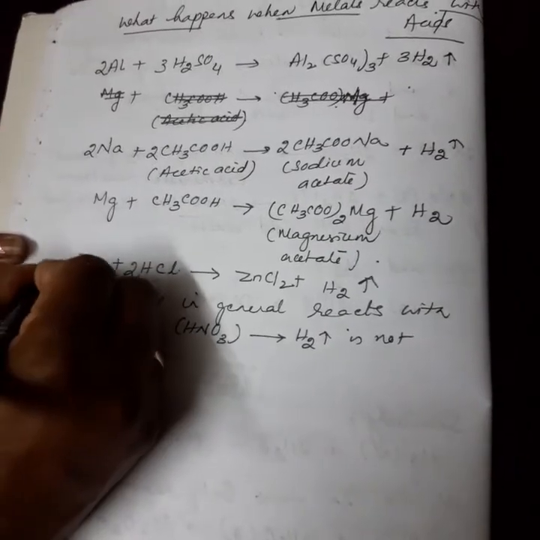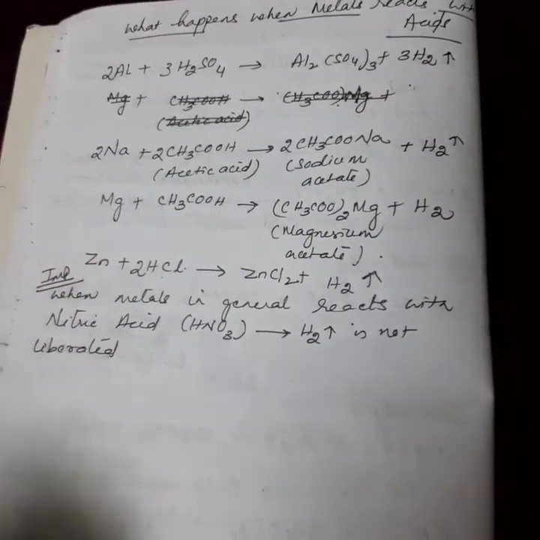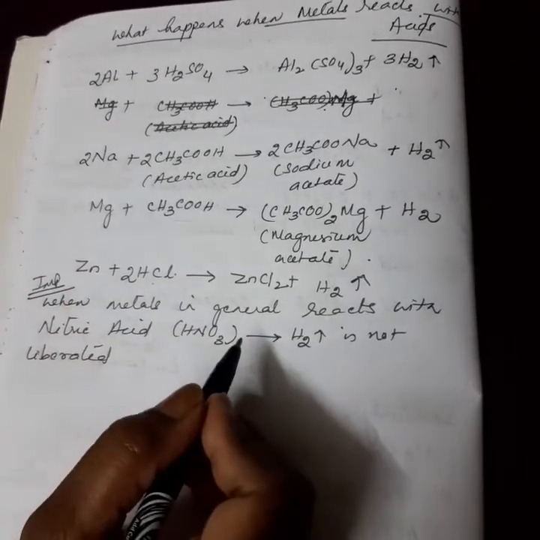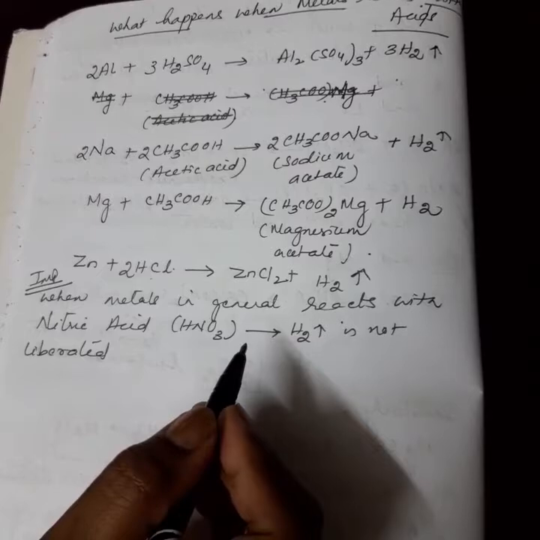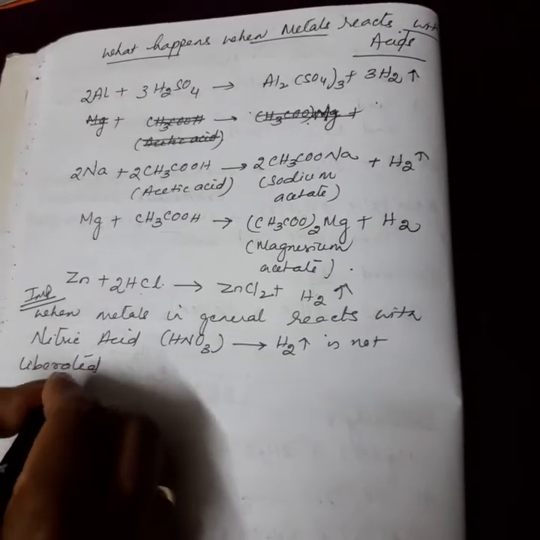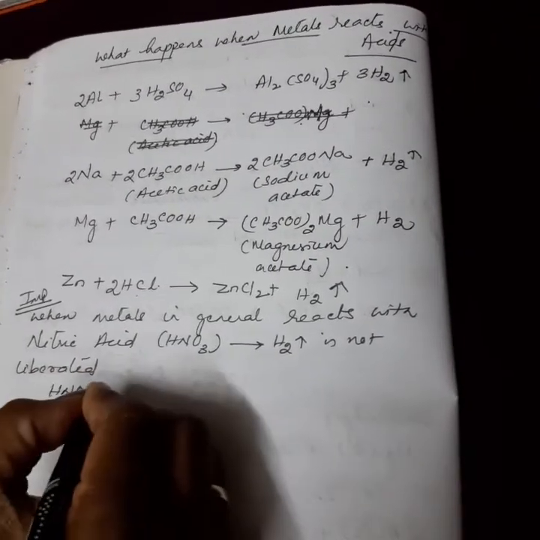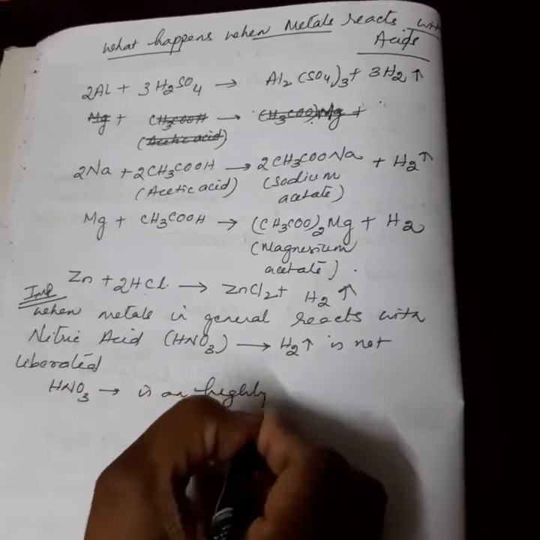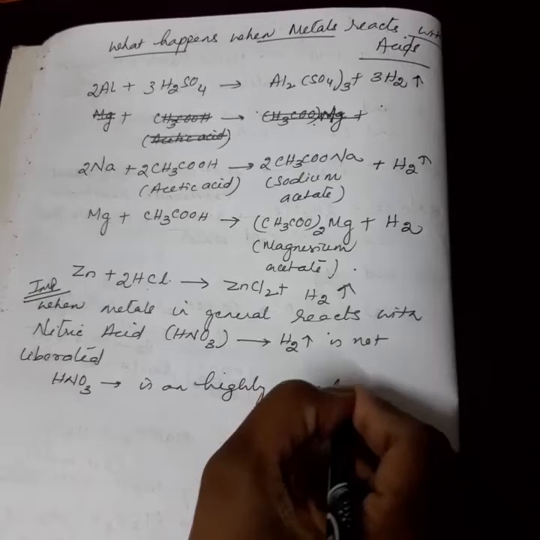This is important, children. Why does this happen? When metals in general react with nitric acid, hydrogen gas is not liberated. This is because HNO3, nitric acid, is a highly oxidizing agent.